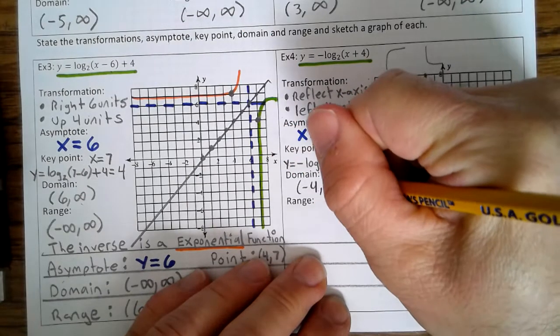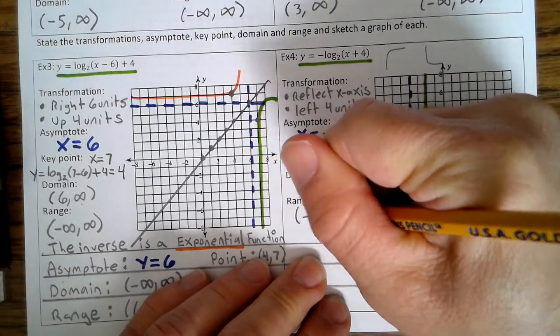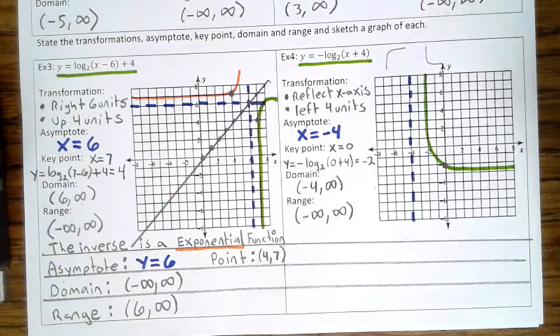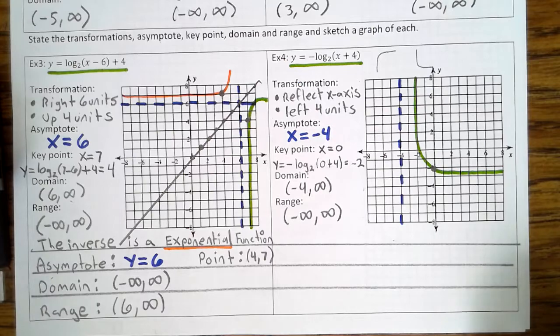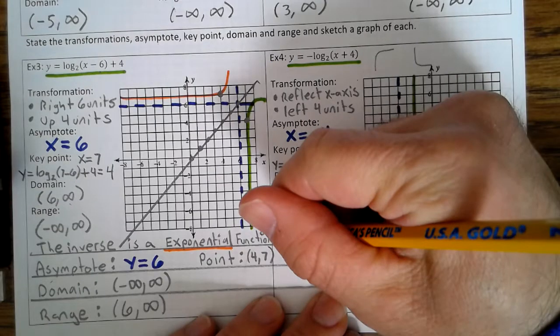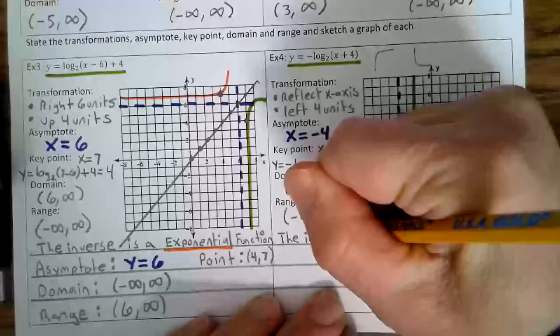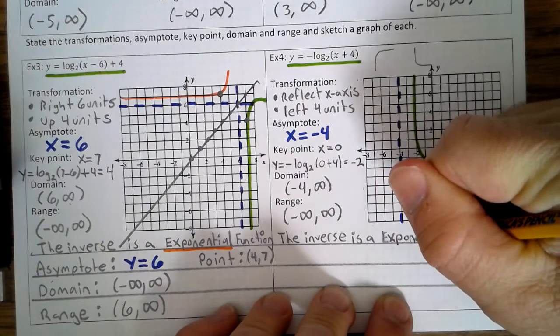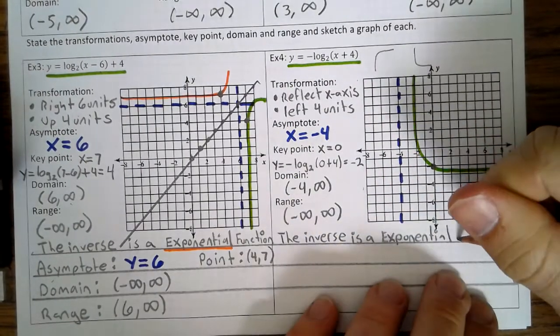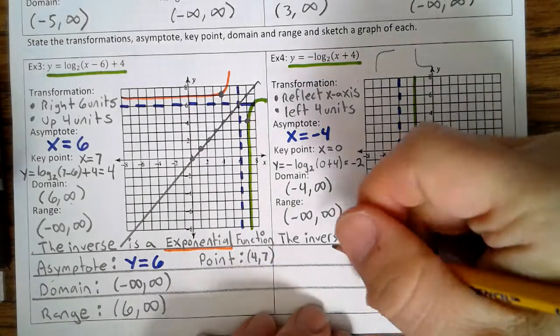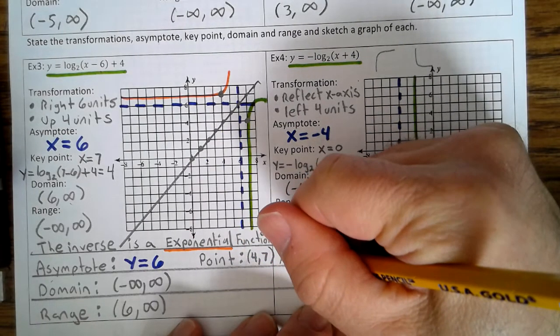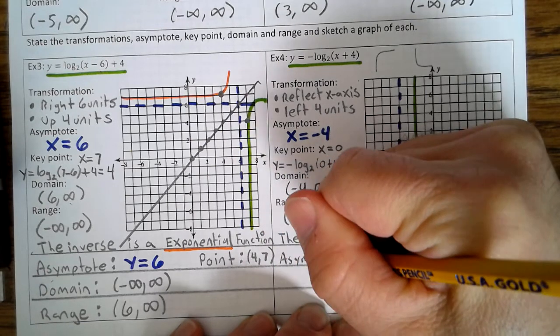All right. So now let's do the inverse. So the inverse of a logarithmic function is an exponential function. Okay. Now let's find the asymptote, and point, and domain and range.